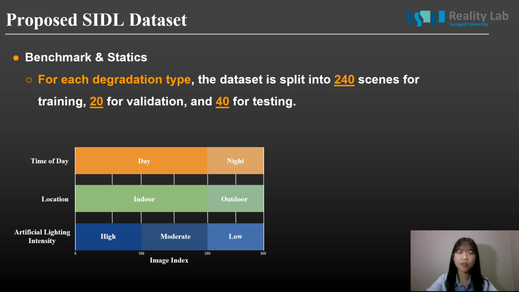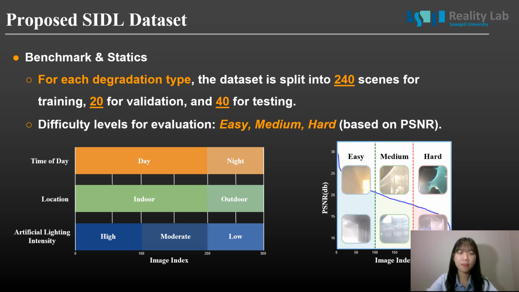The scenes include both day and nighttime periods, indoor and outdoor locations, and different levels of artificial lighting intensity from high to low. Additionally, for evaluation, we categorized images into 3 difficulty levels: easy, medium, and hard, based on PSNR values.